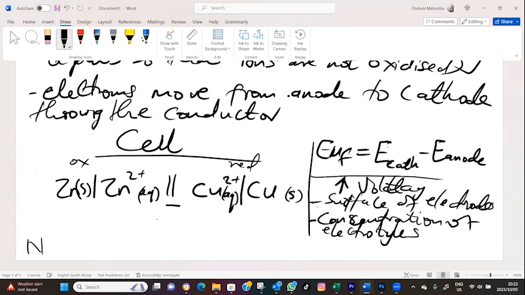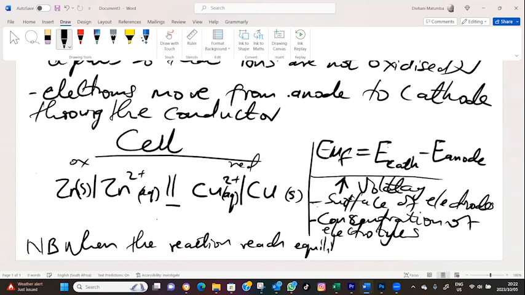And note that when the reactions reach equilibrium, the cell dies, or the battery dies. Okay.